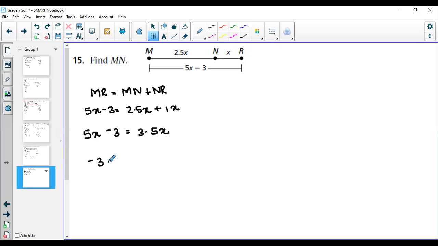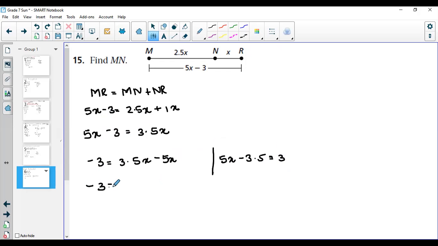So negative 3 equals 3.5x minus 5x, or you can even write this as 5x minus 3.5x equals 3. Now you might wonder, where did the negative sign go from the 3? Because it's a negative 3. When the negative 3 moves to the other side of the equation, it would have become a positive. That's why I wrote here without changing it.